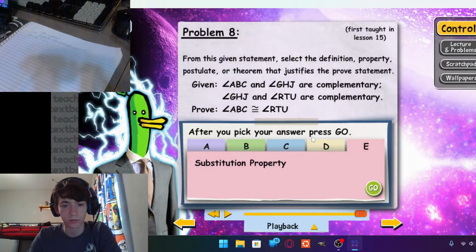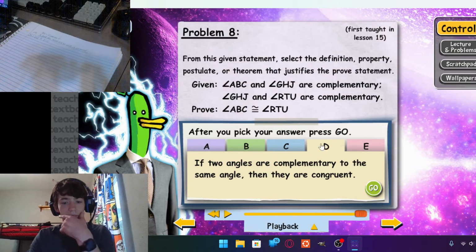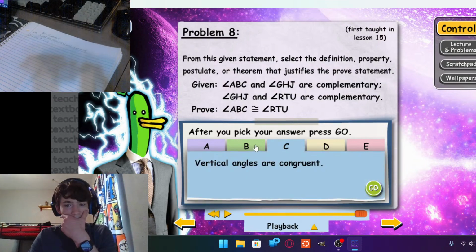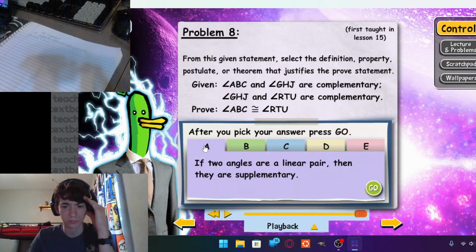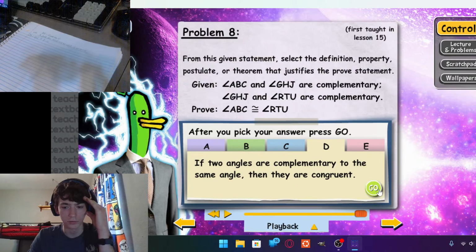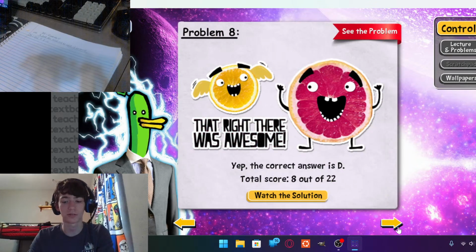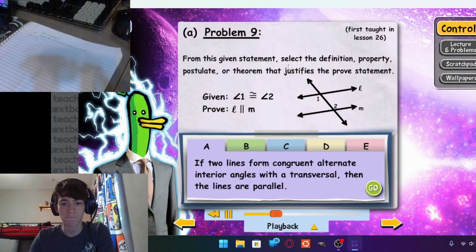That's not helpful. They're not vertical. They're not exactly vertical angles. I think it might be this one. That's right. Let's go. From this given statement, you need to select the definition, property, postulate, or theorem that justifies the proved statement.